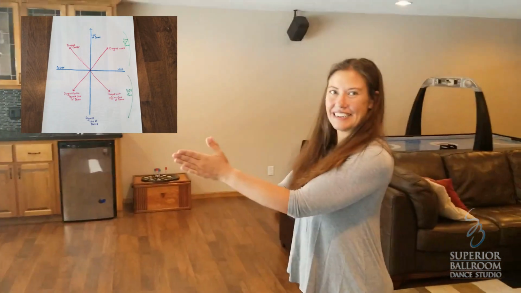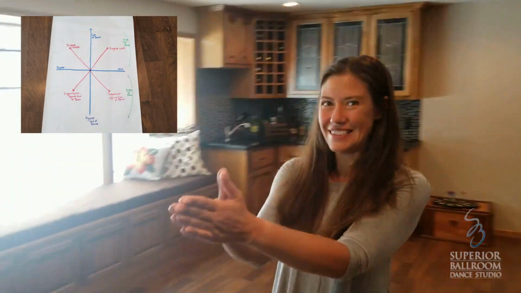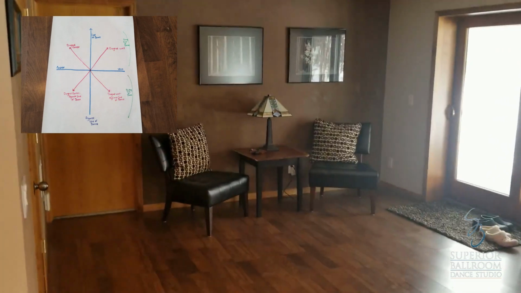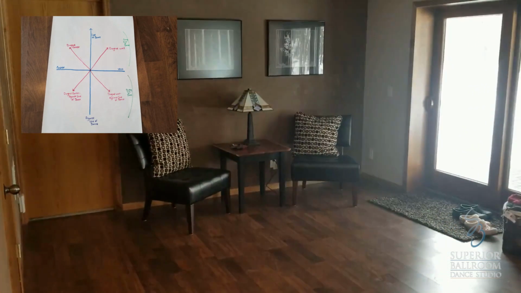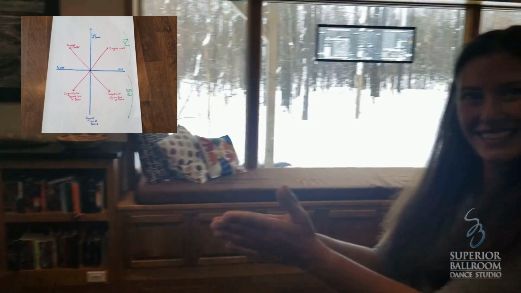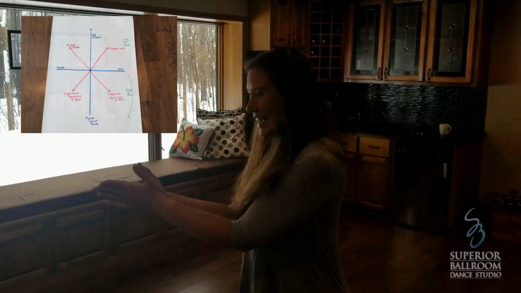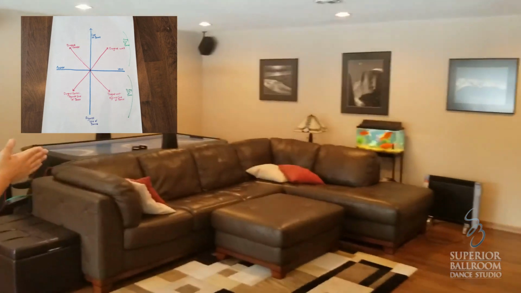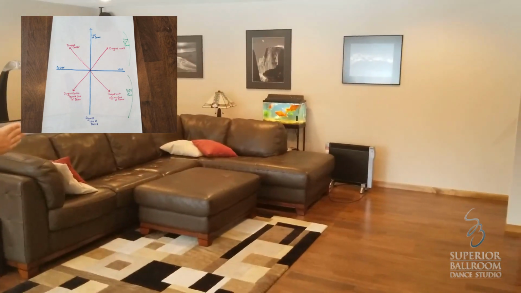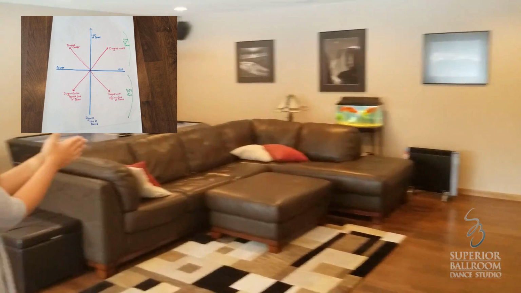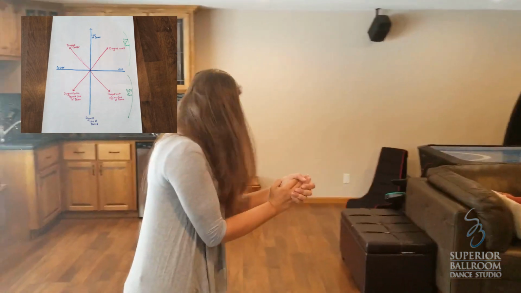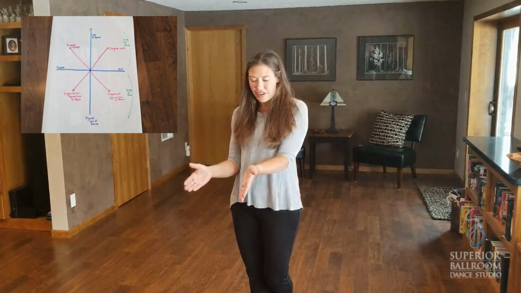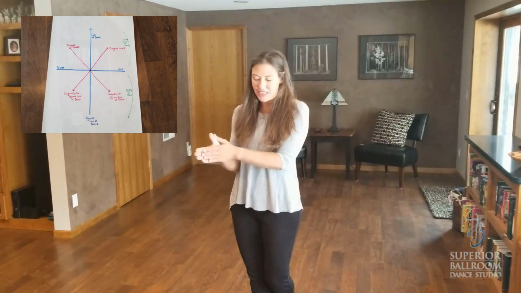Turning another 90 degrees, I'm going to use the martini nook as my against line of dance. And then I turn another 90 degrees, and I'm going to use my fish tank as my wall.